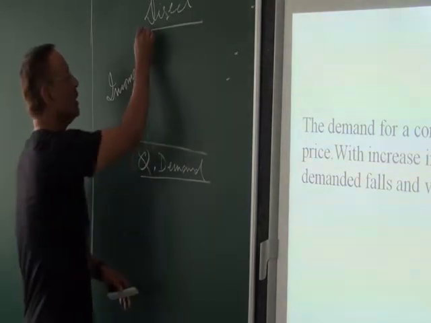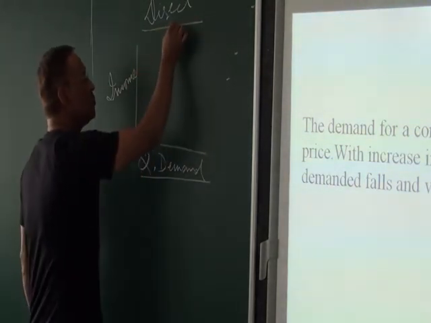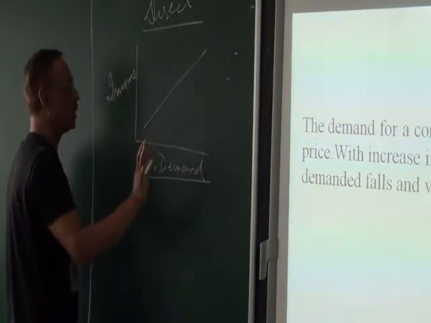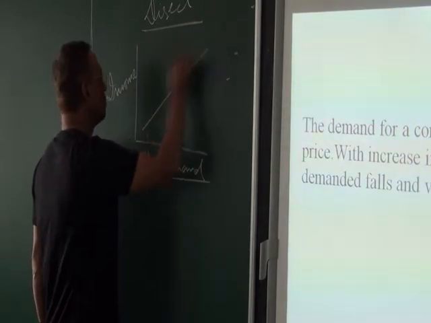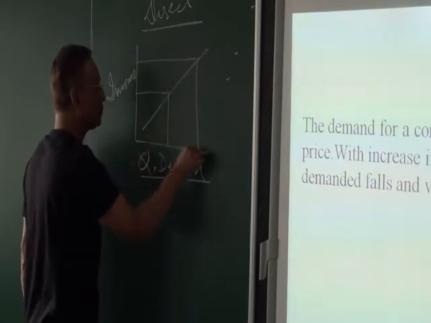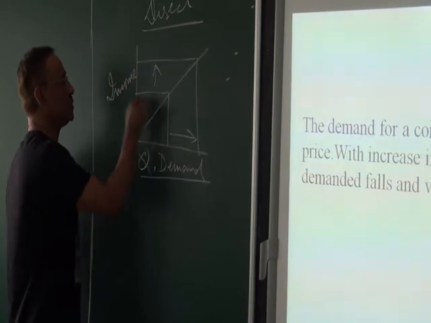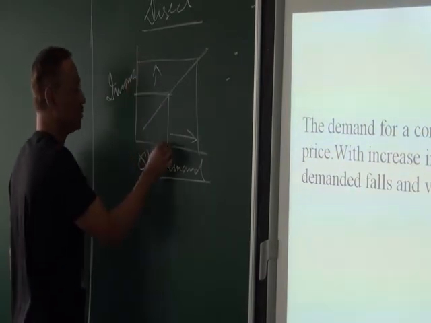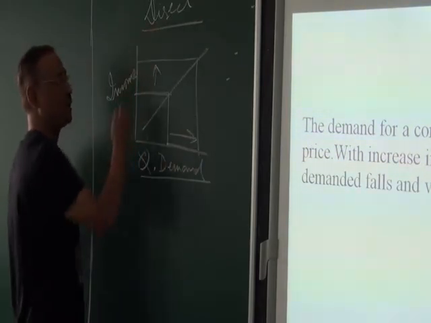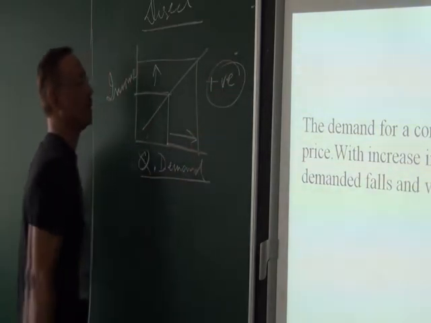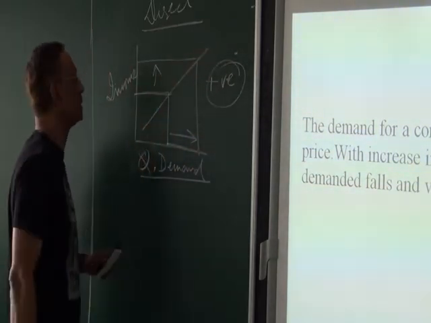Same direction, direct relation. Whenever you see direct relationship, your graph will be this. So you don't have to learn. This is the graph. Why? When income increases, quantity demand will also increase. When this increases, this will also increase. Direct relationship. This is called positive sloping. Positive sloping demand.